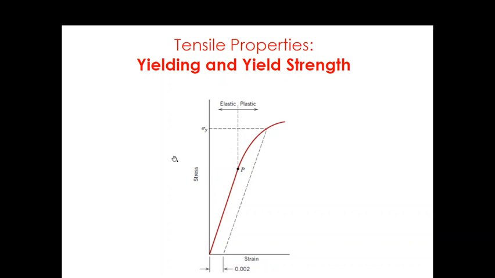Very simple to understand. As you can see here, this is a stress versus strain plot. This part is linear up to this point, and after that it becomes non-linear, or the curve starts, which is an indication that from this point onwards yielding or plastic deformation has started. The meaning is very simple: up to point P the proportional limit exists, which means Hooke's law is obeyed.